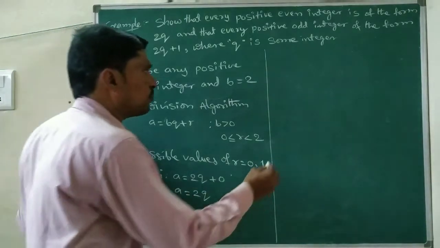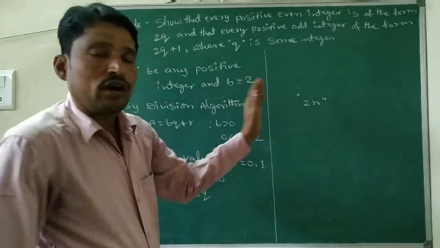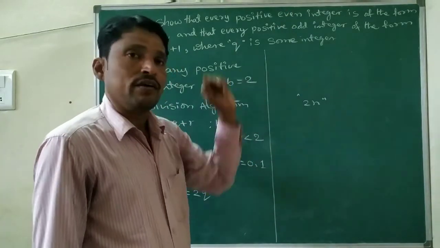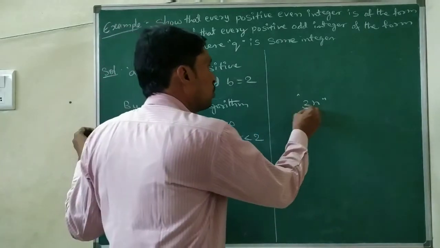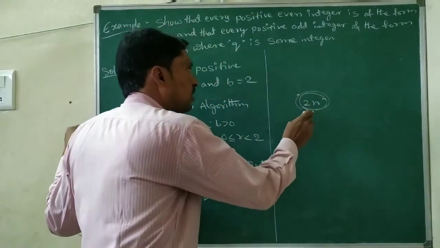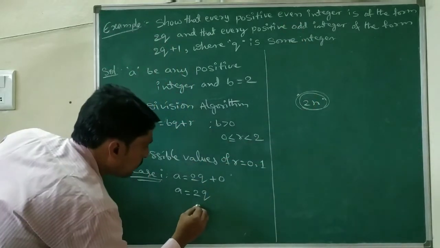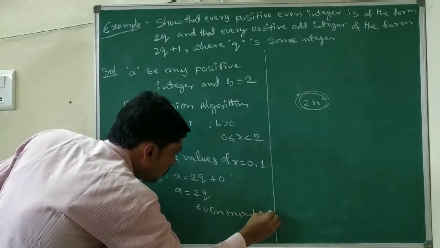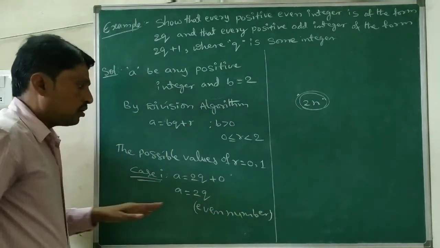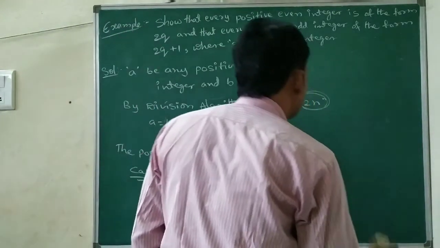So it is in the form of 2n type. What is the general form of even numbers? The general form of even numbers is 2n. Means it is an even number only. So 2 into something means that is an even number. Now case number 2.